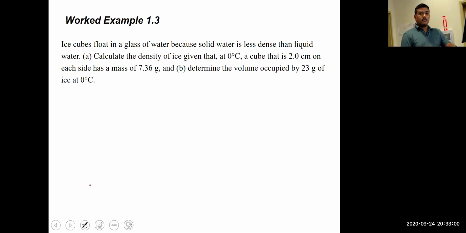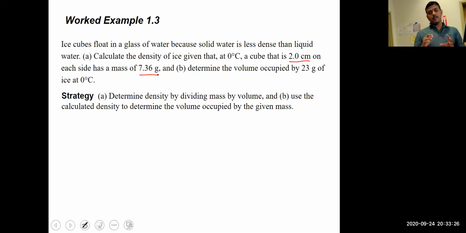Okay, let's look into the data. So what you got here is, you were told the length, width, and height of the ice cube, and you were told how much mass that ice cube weighs, and you were asked to calculate the density. What is the relationship between density, mass, and volume?